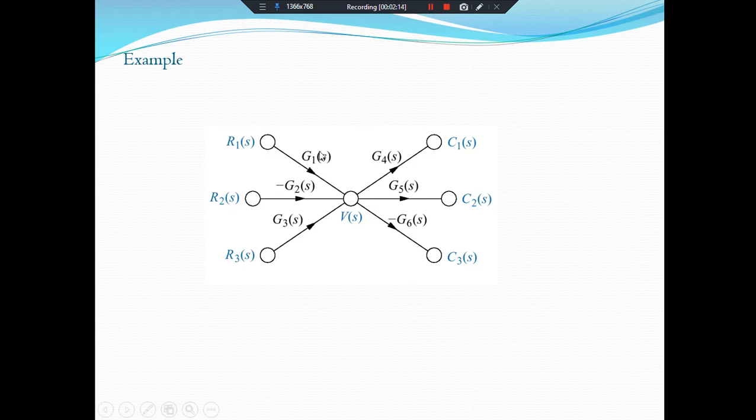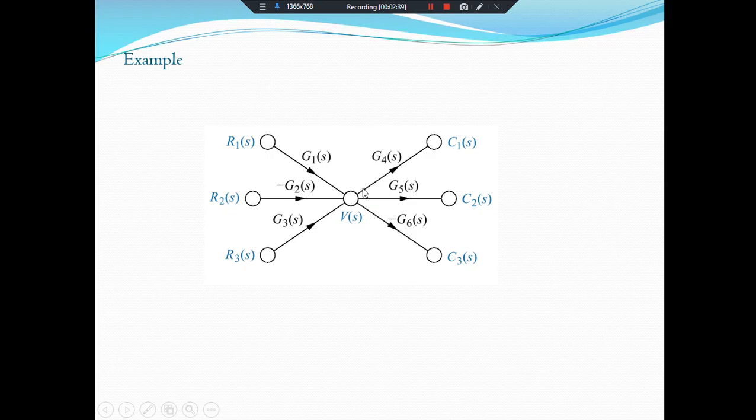This is G1, the gain of system 1, or minus G2, the gain of system 2, and the gain of system 3. From this node again, three further systems emerge, and these represent the gains of these systems, and here come the signals.